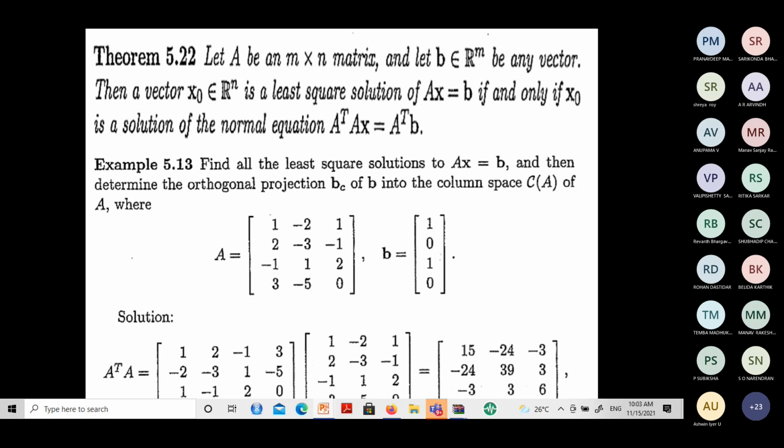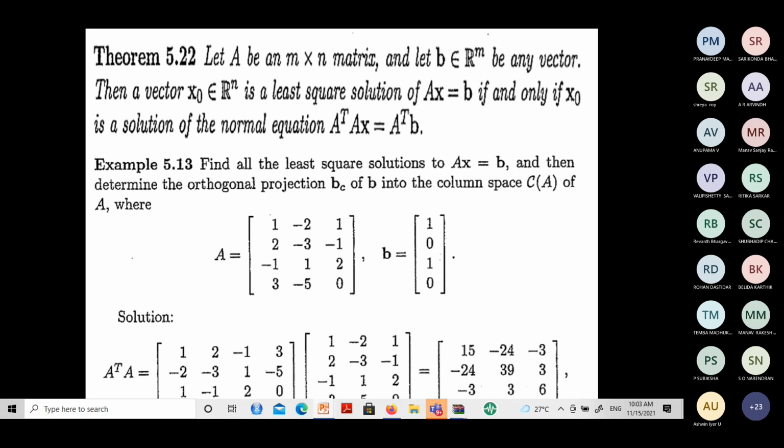I'll try to find some x naught such that Ax naught is very close to B. That means the difference between Ax naught and B is minimal. Ax equal to B, I cannot find, so at least I'll try to find something very close to the actual solution.